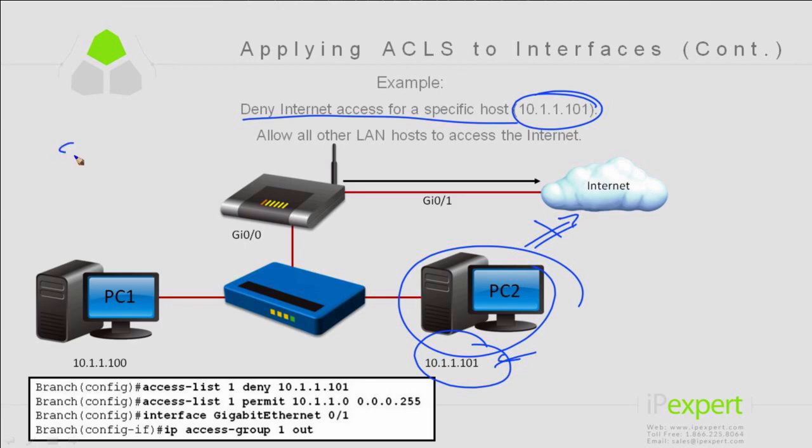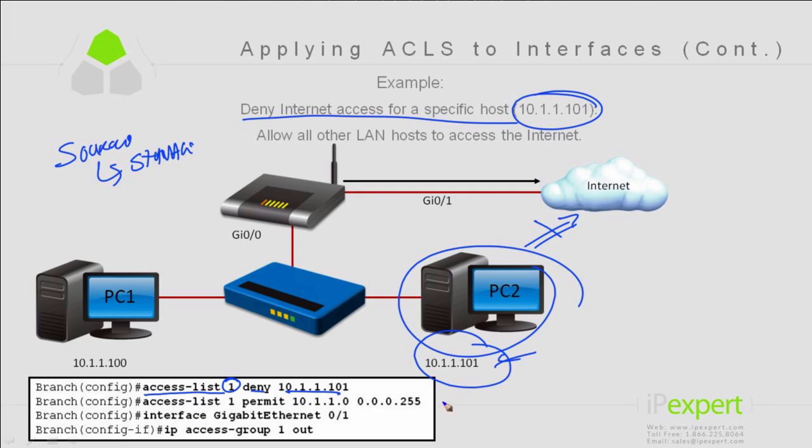Well, the moment I say sourced, we know I'm talking about a standard access list. So all I'm going to do is create an entry that says access-list, the number, deny traffic for that particular host, 10.1.1.101.